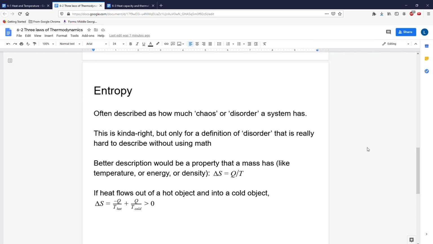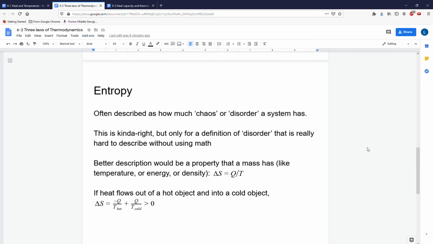So let's jump to another definition of entropy, and one that actually works a lot better for us in thermodynamics, is that entropy is just a property of material. Everything has a mass, everything has a temperature, everything has an energy, and everything has an entropy. When stated like that, entropy is just a property of the system.